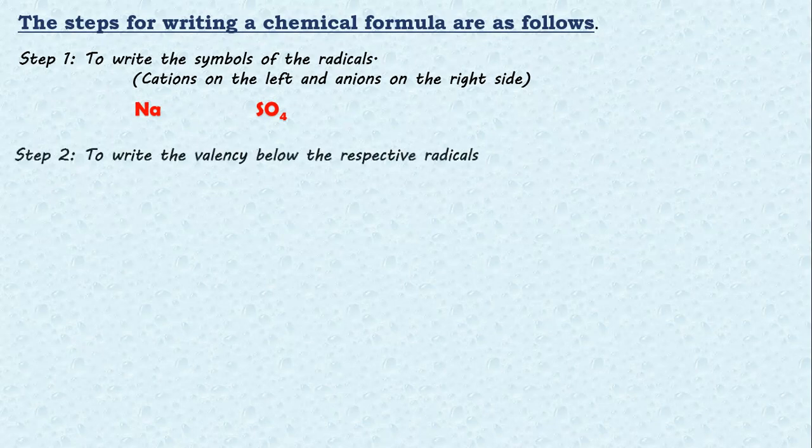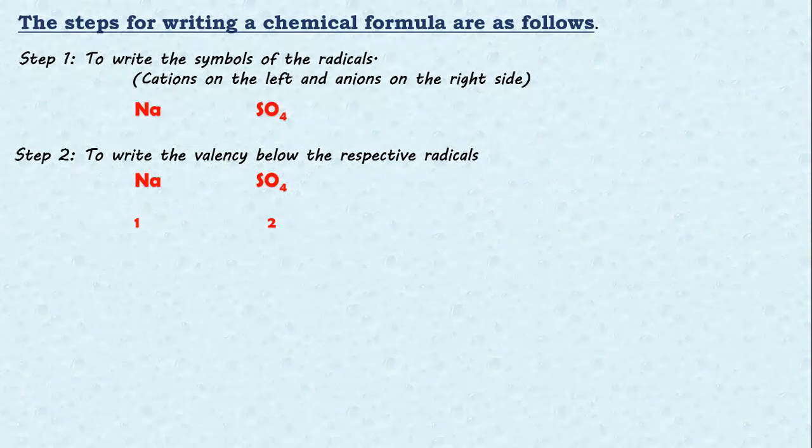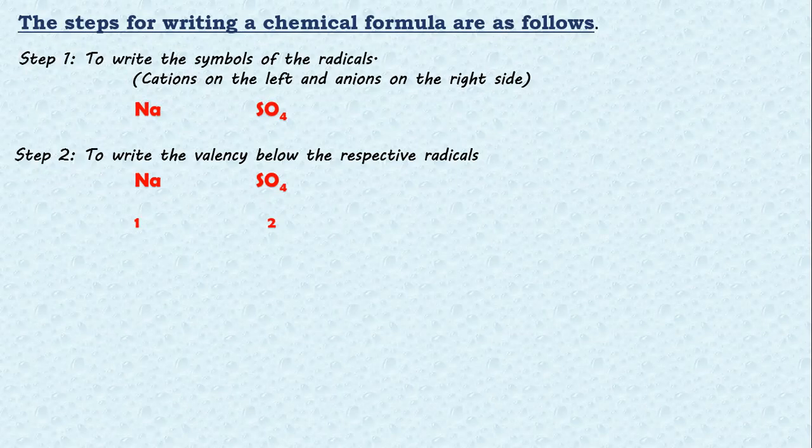Step number 2. Write the valency below the respective formulae. So sodium की valency है 1, whereas SO4 sulfate की valency है 2, which we can get from the valency chart previously discussed. So that we write it below the formula.